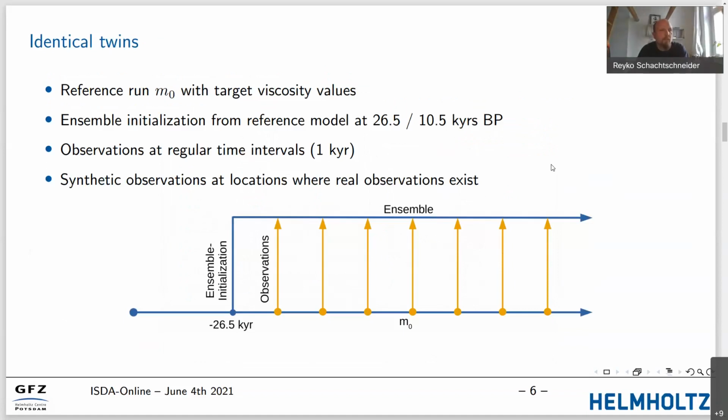We use an identical twin setup. That means that the observations come from a reference run with the target viscosity values. It starts at some time in the past and runs until present day.